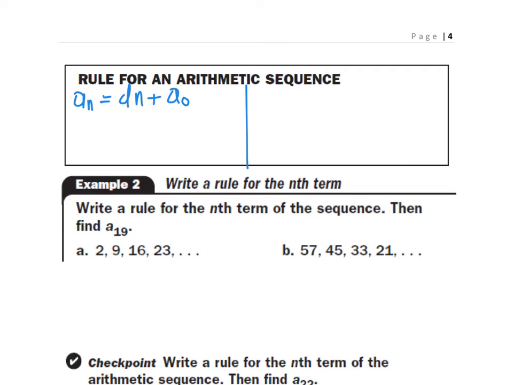Another way to think of that is the y-intercept. It's before the first term, which is why we can't just use the first term, because that's when x is 1. This d is always going to be the common difference, and this a0 is not in the sequence.